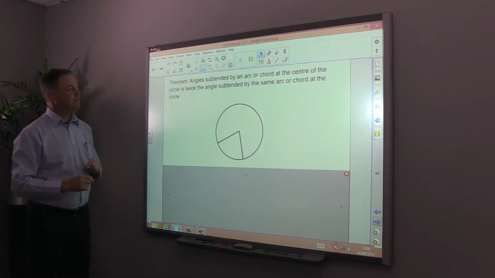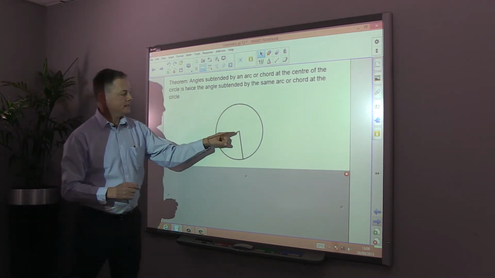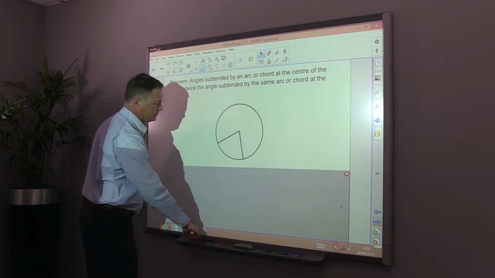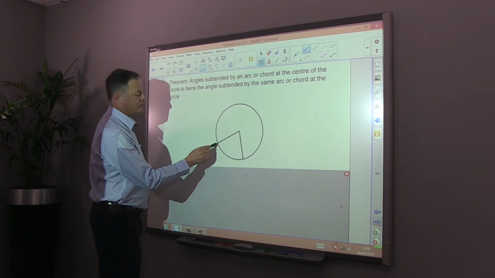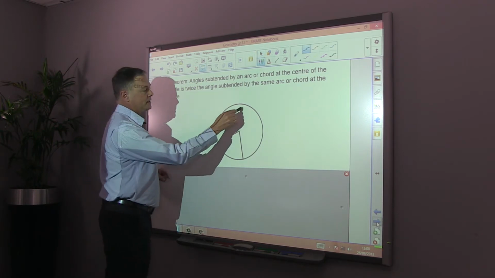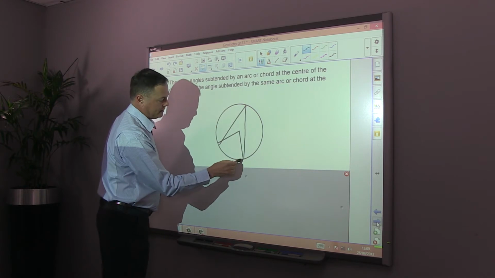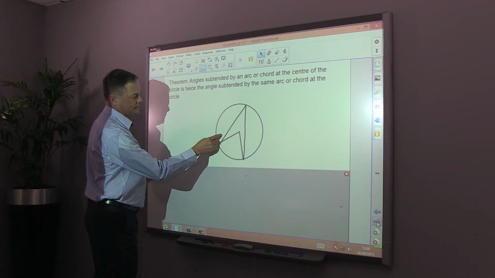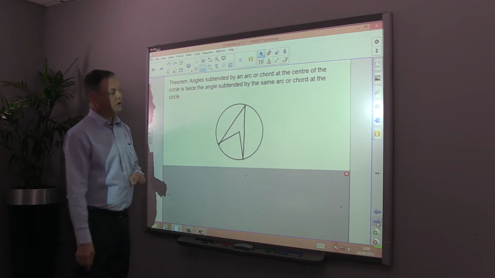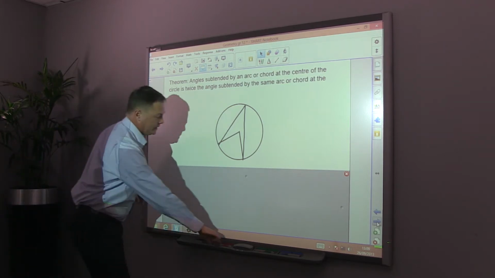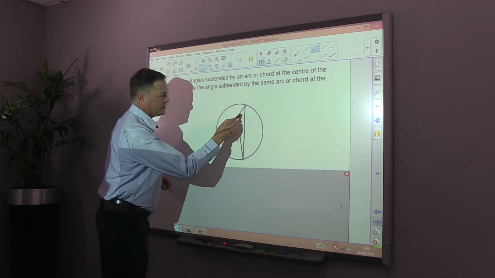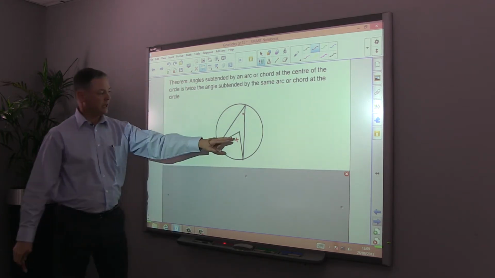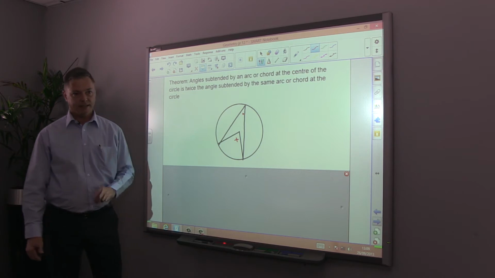Okay, so if an angle subtends a chord at the center, it will be twice the size of the angle that is subtended by the same chord or arc on the circle. In other words, this angle here is twice this one here. So if this one was 180, that one would be 90.